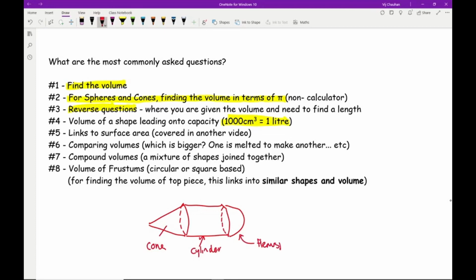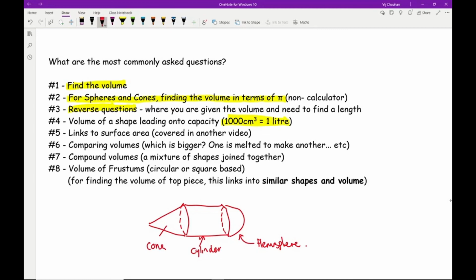So you might have to work out the total volume of a shape by linking the three complex 3D shapes together. And then finally, the higher level one that you could get asked is working out the volume of a frustum, either of a cone or of a pyramid.